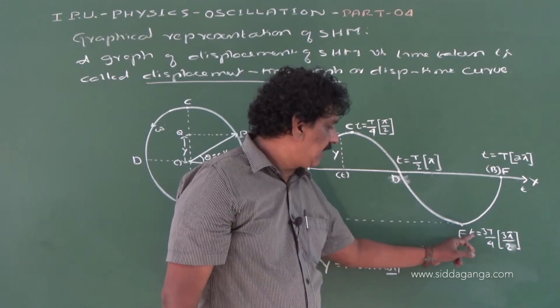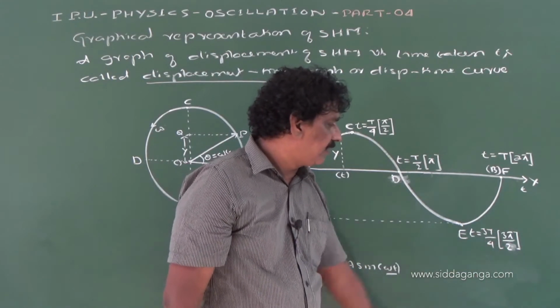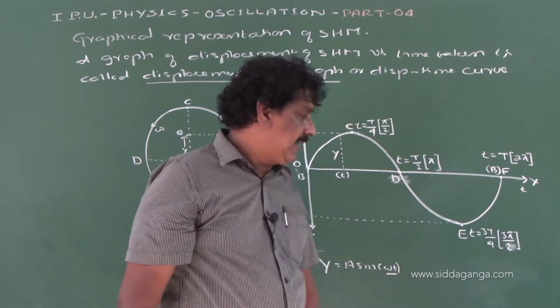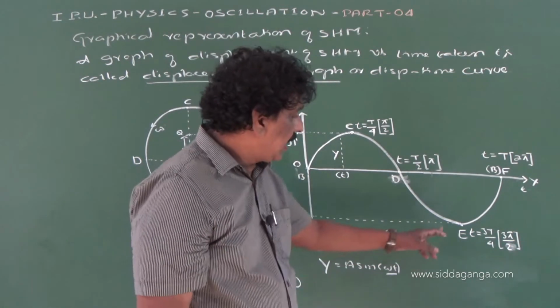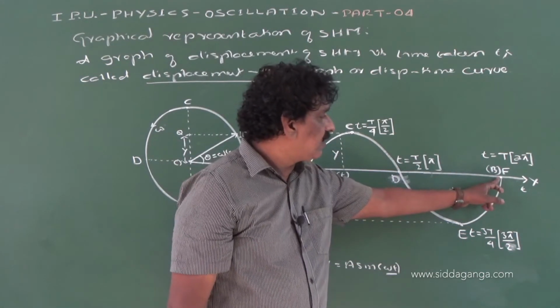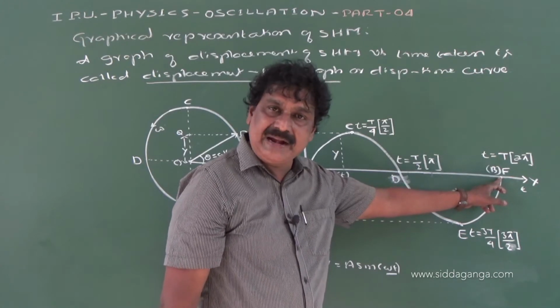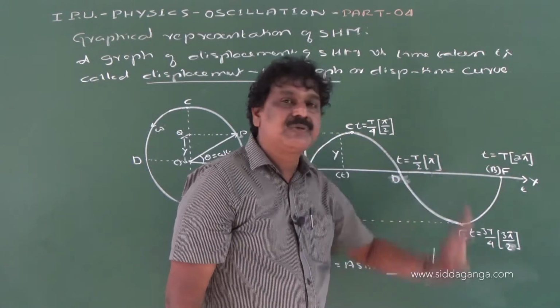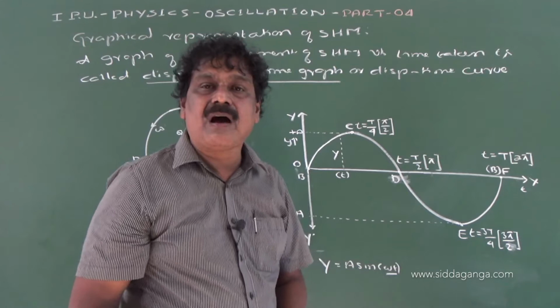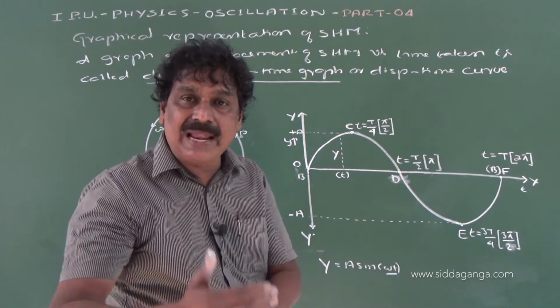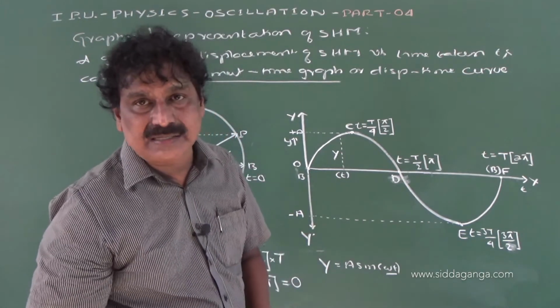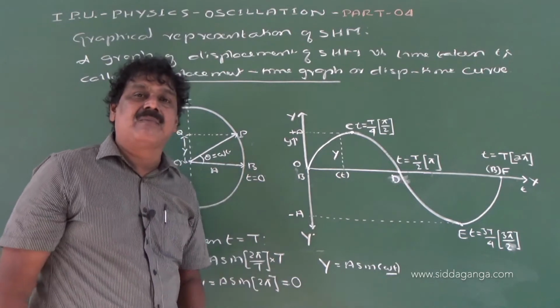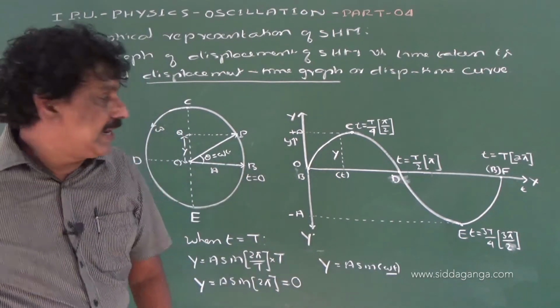At time t is equal to 3T by 4, it is 3 pi by 2. And at time t is equal to T, that is equal to the period, it comes to the mean position after completing one oscillation or one simple harmonic motion.